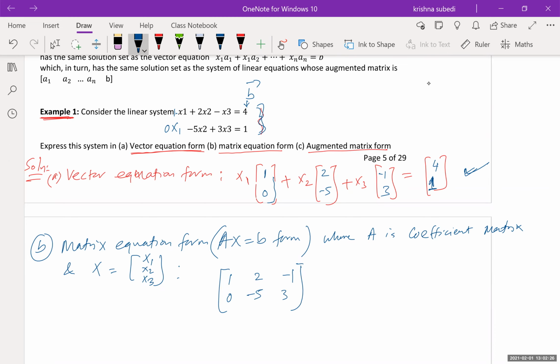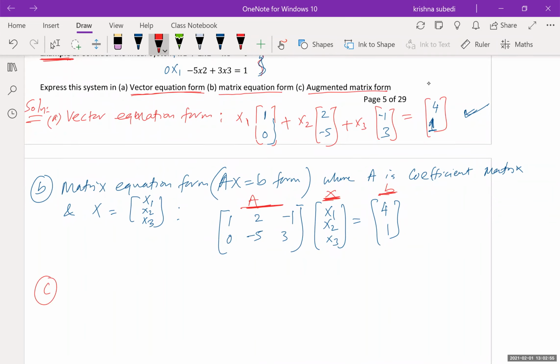And then X is x1, x2, x3, and B means the constant term 4 and 1. Notice that this is your matrix A, this is your X, and this is your B. All right, A, X, B. So this is called matrix equation form.